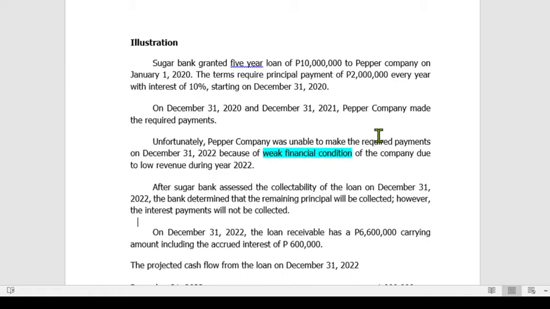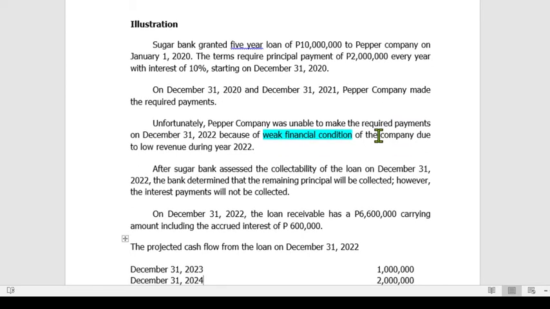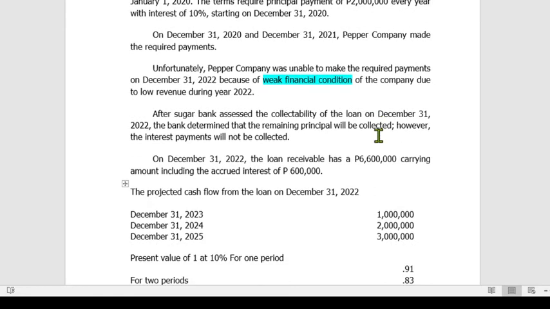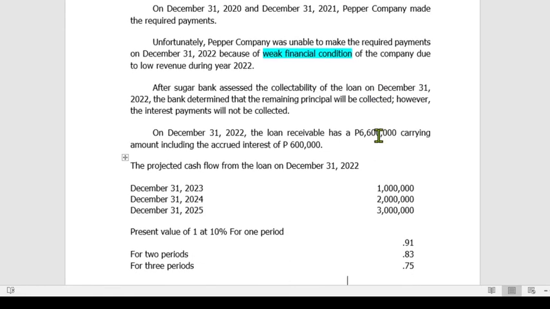After Sugar assessed the collectability of the loan in December, the bank determined that the remaining principal will be collected. However, the interest payments will not be collected. On December 31, the loan receivable has a 6.6 million carrying amount, including the accrued interest of 600,000.